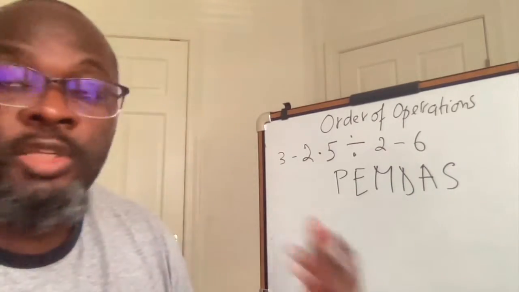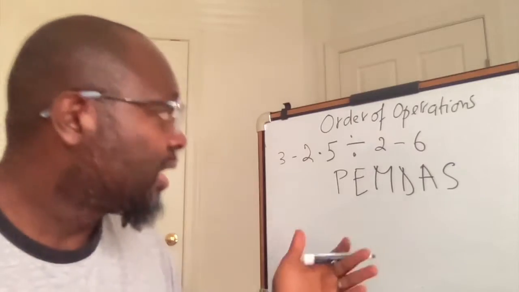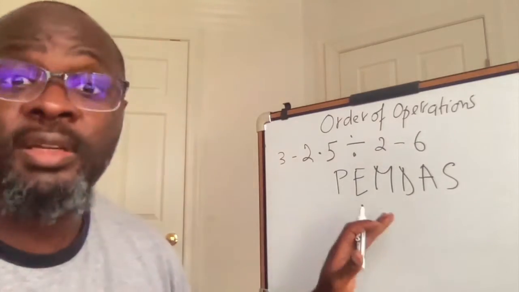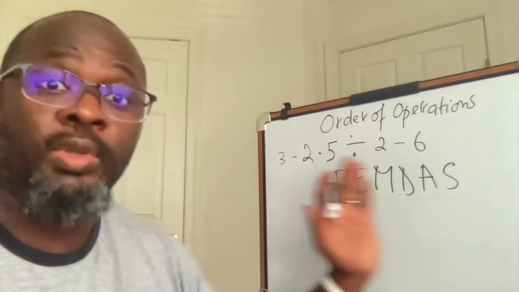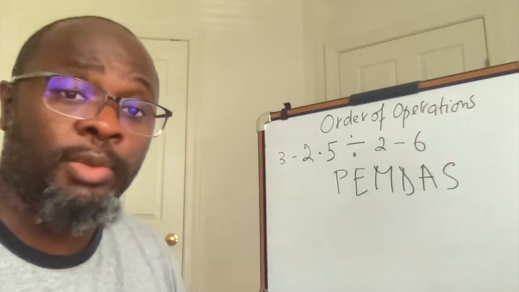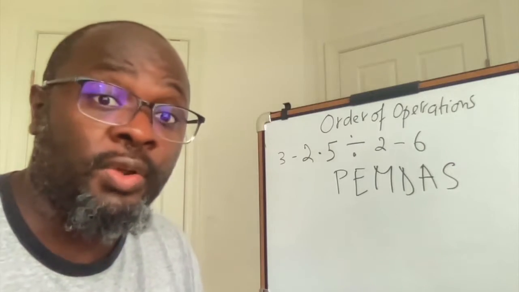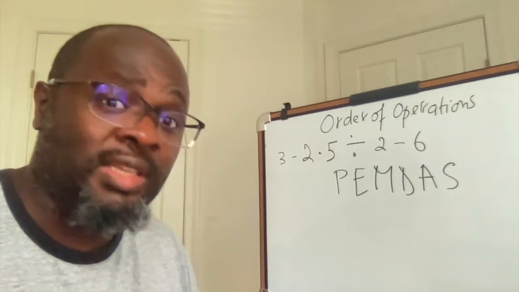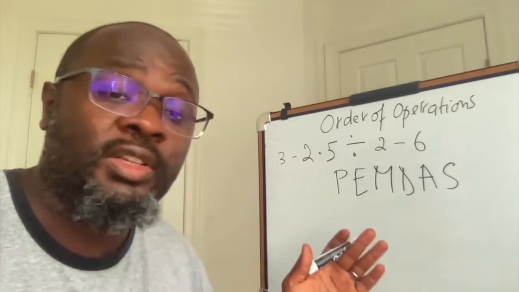Basically, multiplication, division, parentheses, and exponent take precedence over addition and subtraction. So when you have a sequence of numbers and a sequence of operations, you always want to make sure you work on your parentheses first, then your exponent, then multiplication and division. And usually the safest way to do it is to go from left to right.